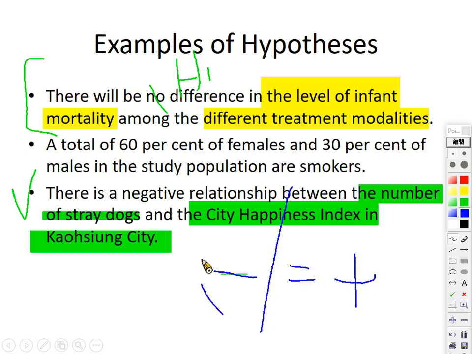So when we describe negative, the other side is equal and positive. So there is not a negative relationship. So we simply put it here.